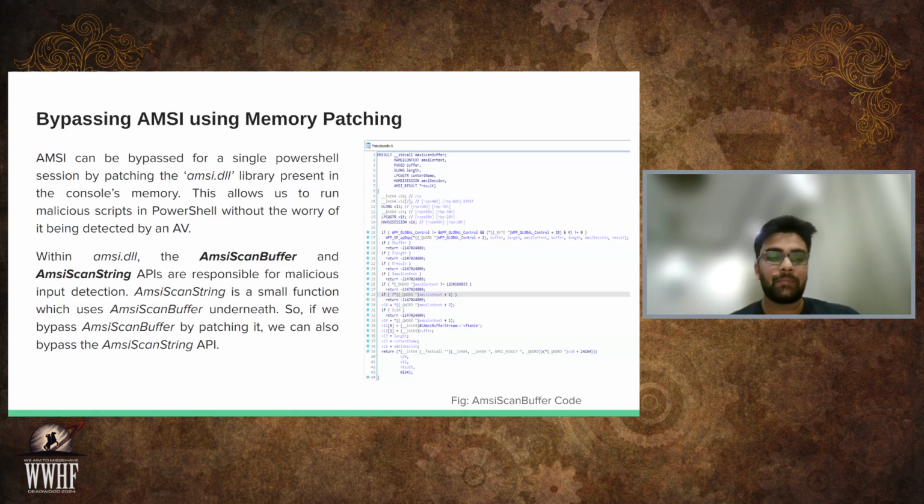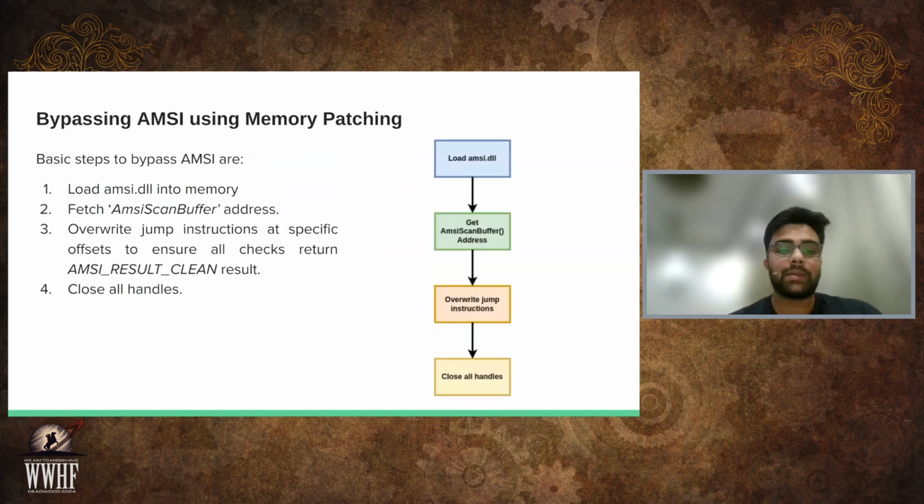So the basic steps to bypass AMSI.DLL in memory are: we first load AMSI.DLL into the process's memory, and then we fetch the address of the AmsiScanBuffer API. Then we overwrite some specific jump instructions.